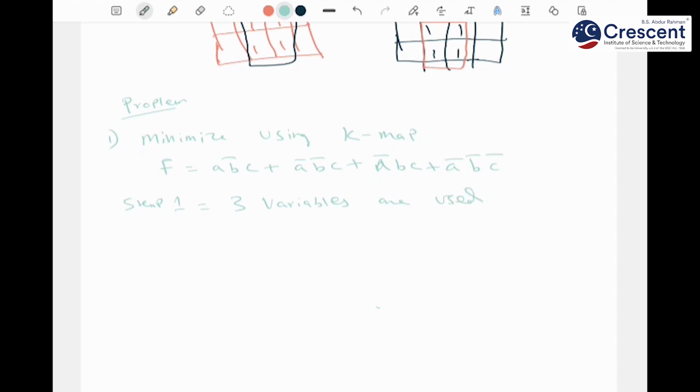Once you have identified the number of variables used, the next step is to draw the K-map. So step 2, we can directly go with a 3 variable K-map. It will be something like this. Here we will be having a, b, c.